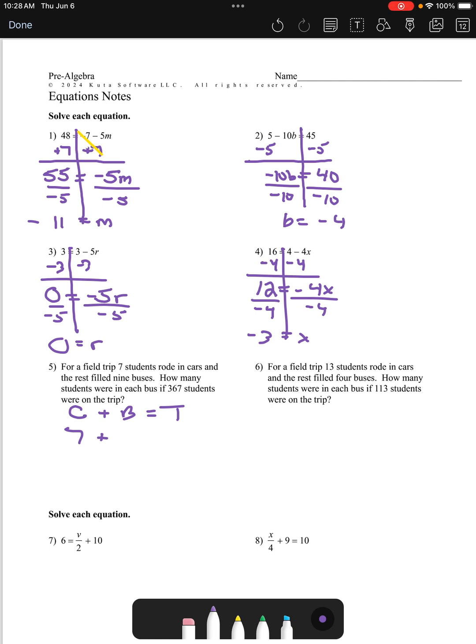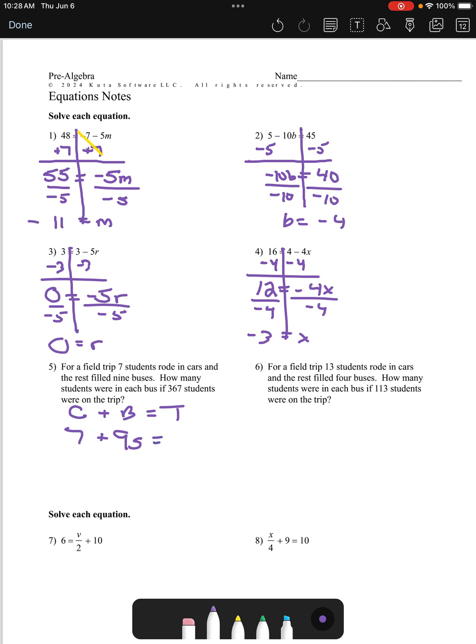We know how many car riders there are. There are 7. We don't know how many bus riders there are, but we know that there were 9 buses, and we're going to assume that they were equally across those 9 buses. So that means we have 9 buses worth of students.